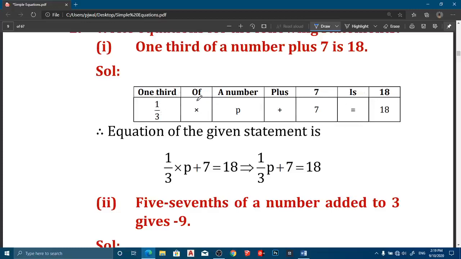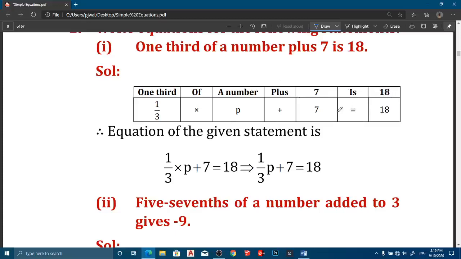"Of" means multiplication, you know that from your basic math rule, into a number. A number means an unknown number. We can take this unknown number as some literal, like p, a, q, x, anything you can take. I am taking p here. Plus 7, and this whole expression is equal to 18.